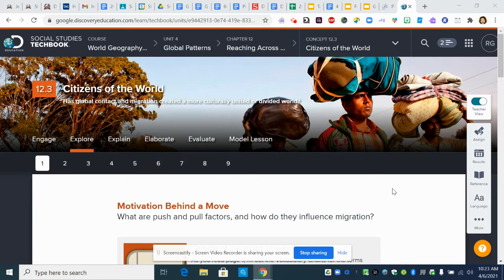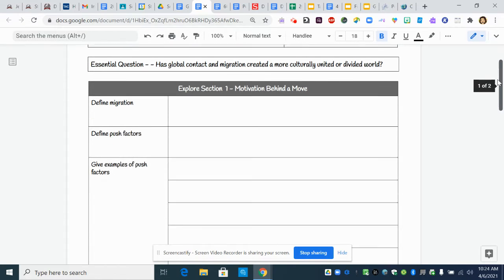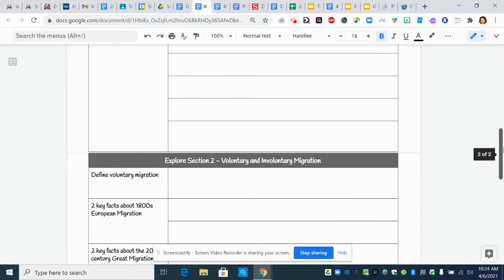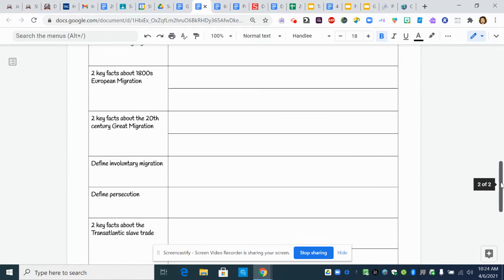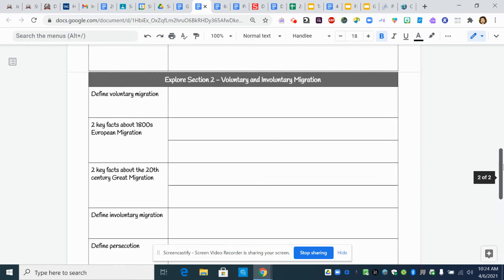So for part 1, for our notes, we are only going to be reading Explore sections 1, 2, and 3. So you can see in our notes here that we're only reading about the motivation behind a move, voluntary and involuntary migration, and refugee populations.